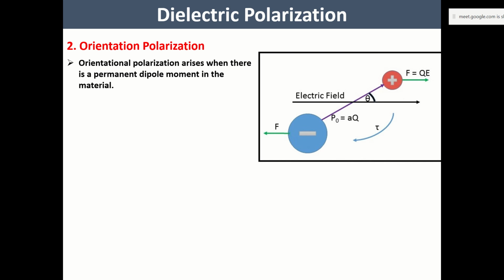Orientation polarization applies to the materials which already have dipoles, and when we place them into the electric field, they just reorient themselves, they will rotate and align with the electric field. The force is QE, that we know, and depending on that you can have alignment, because of the torque produced.